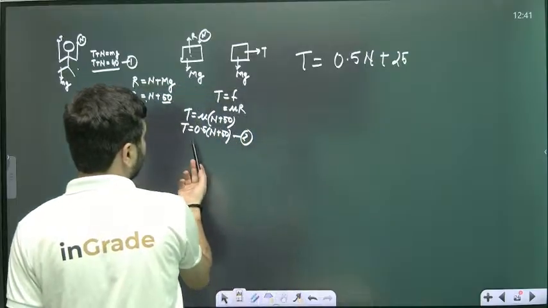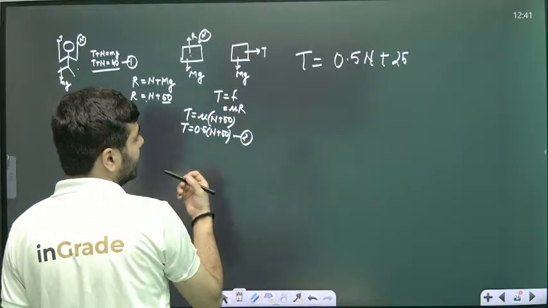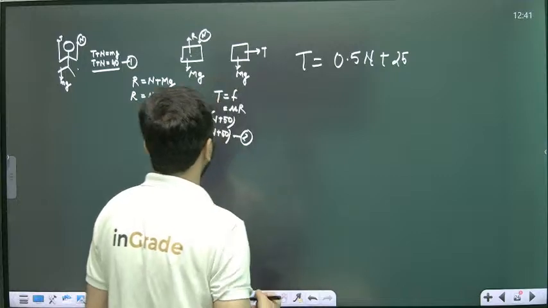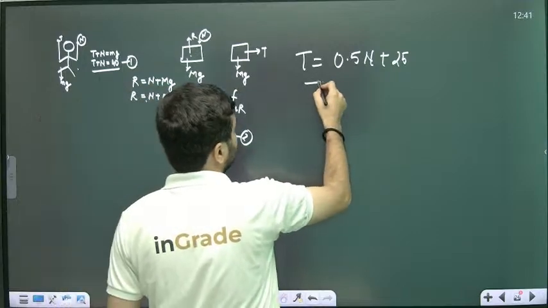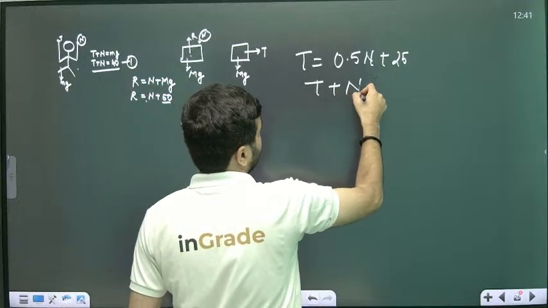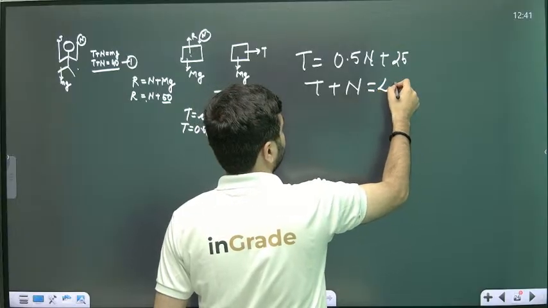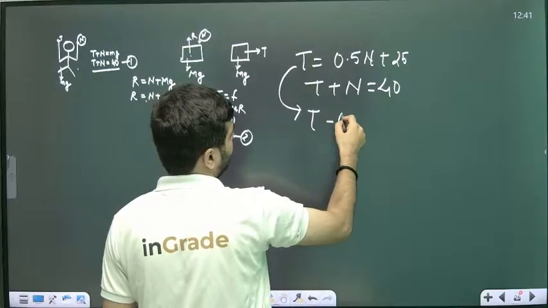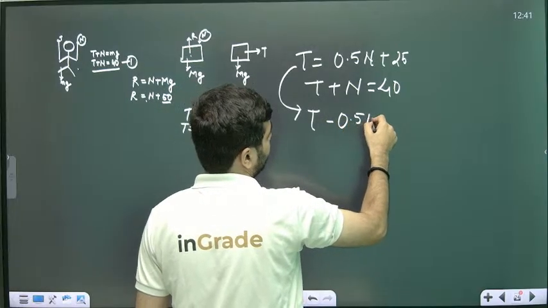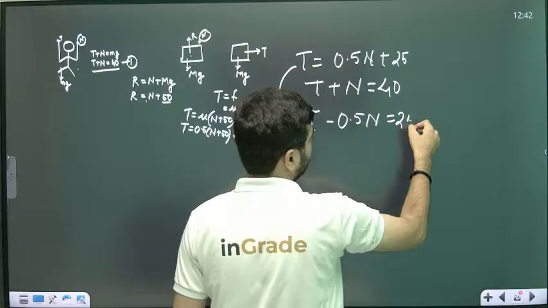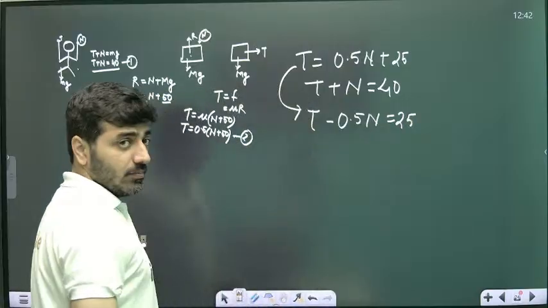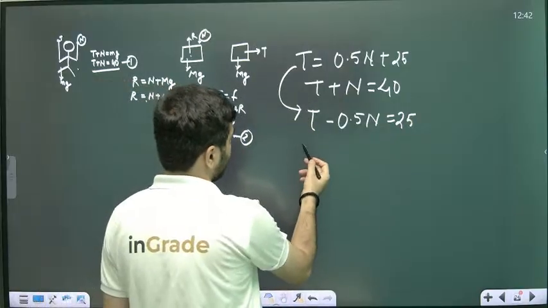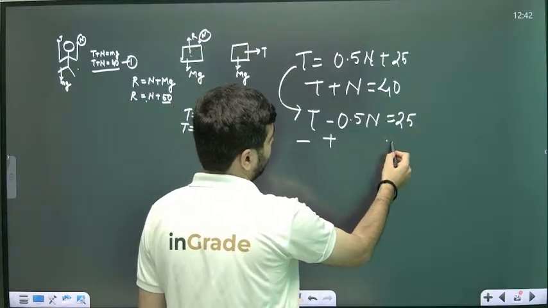If you multiply 0.5 by 50, you get 25. And we have the equation T plus N equals 40. Solving, T minus 0.5 N equals 25. Now subtract these equations: minus, plus and minus.